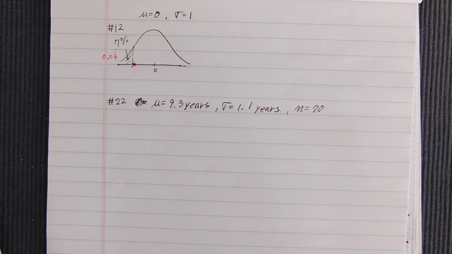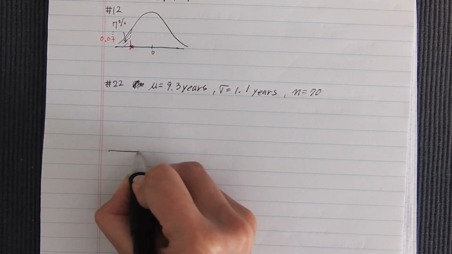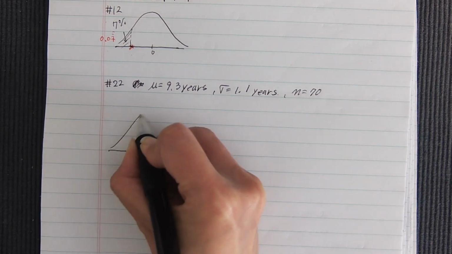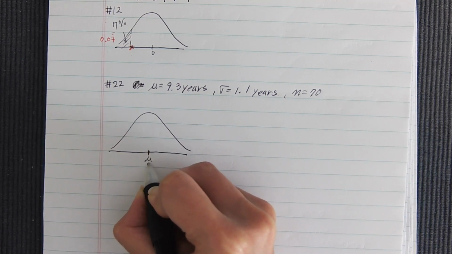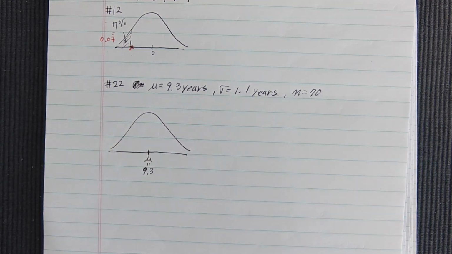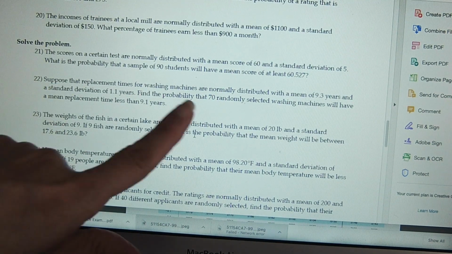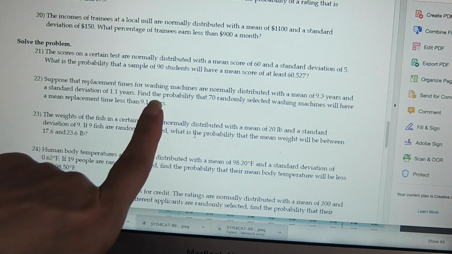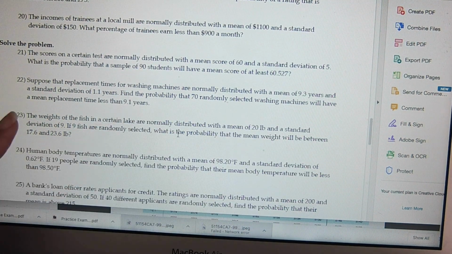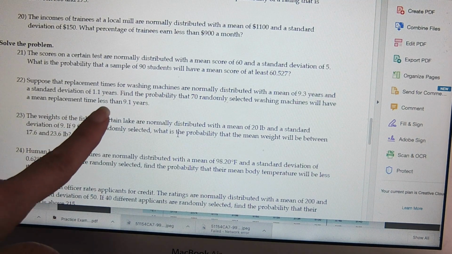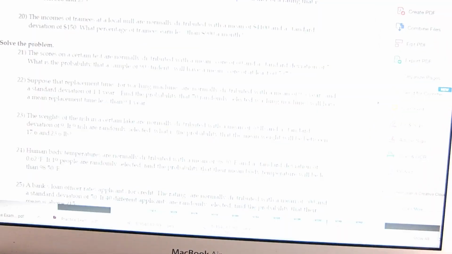Now make sure it's bell shaped again. Here's my mean, 9.3. Look at the question: find the probability that 70 randomly selected washing machines will have a mean replacement time of less than 9.1 years.